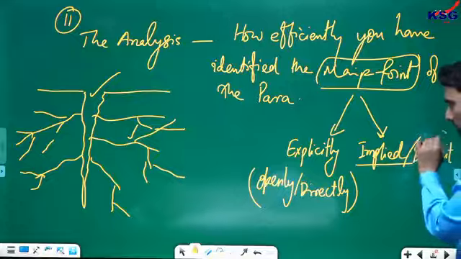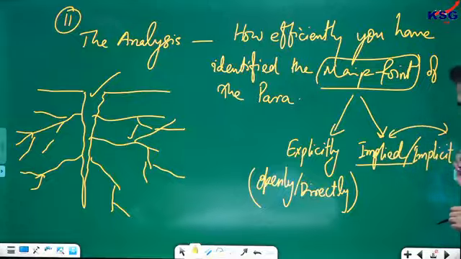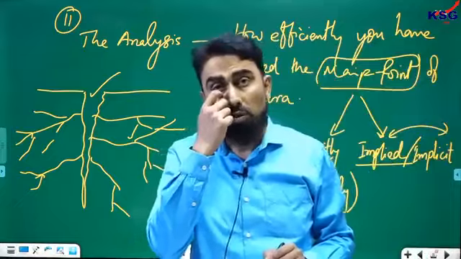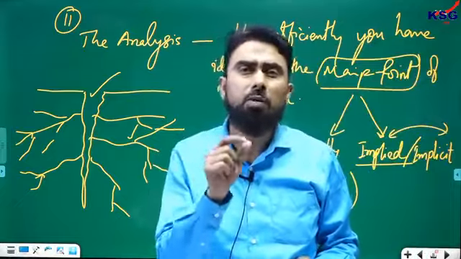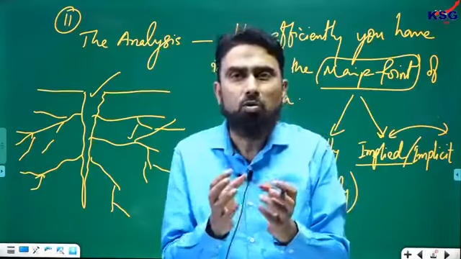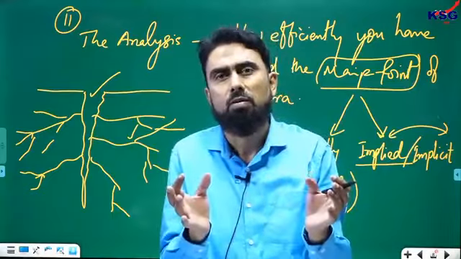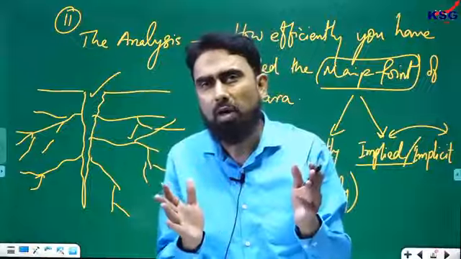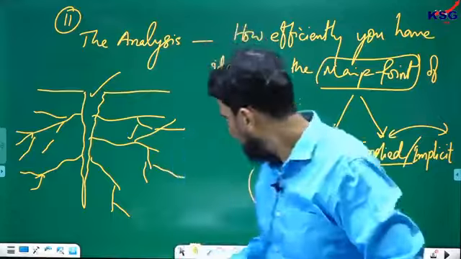There is a slight difference between implicit and implied. Implied idea of the paragraph is what is the main idea, whereas the implicit information could not be the main idea that author wants to convey. However, you can make those logical deductions. So let me cite an example so that you be clear about implied and implicit information.